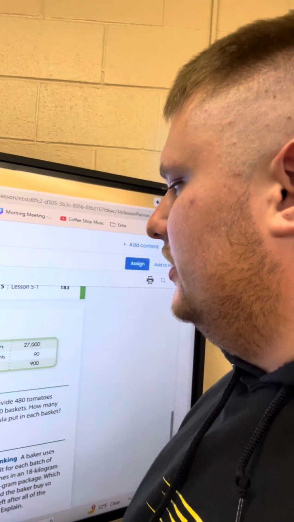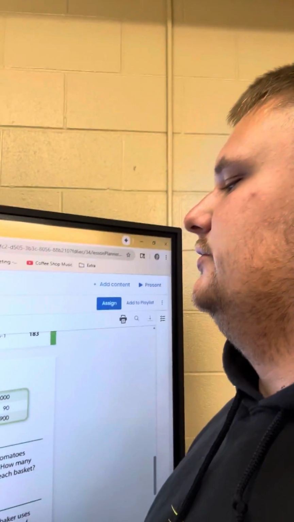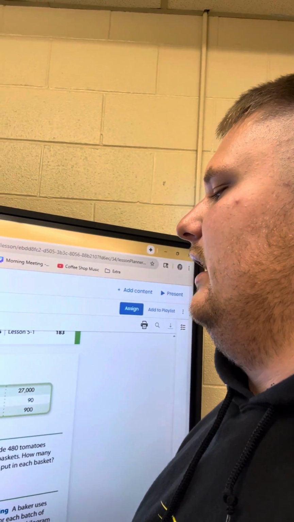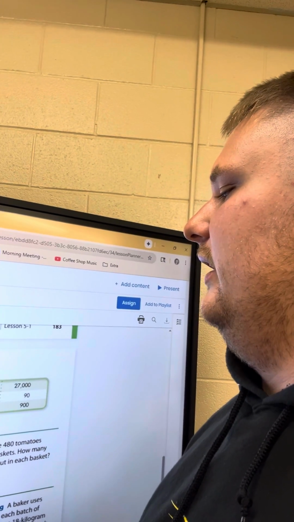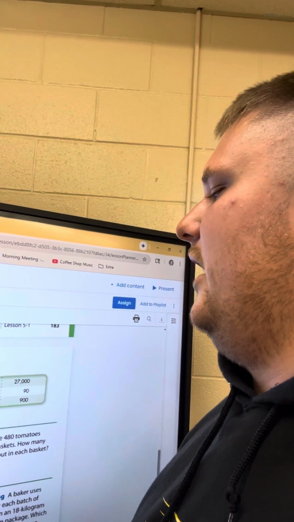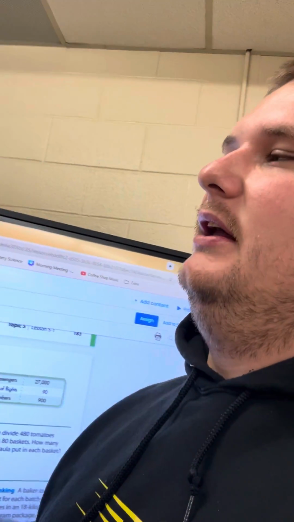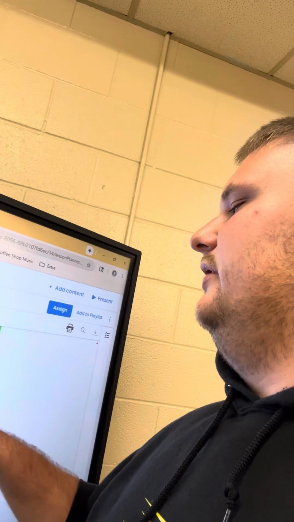It's okay. We'll read it a second time. The table shows the number of passengers who flew on flights in or out of one airport. Each flight had the same number of passengers. How many passengers were on each flight? We can ignore the crew members. Obviously they are people, but in this problem they're not passengers. So we're going to do 27,000 divided by 90.